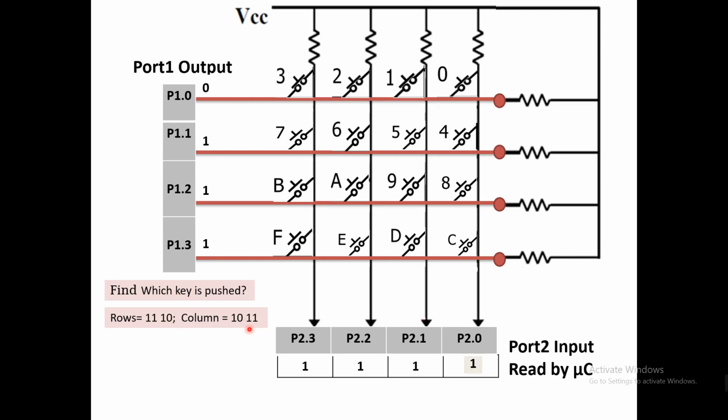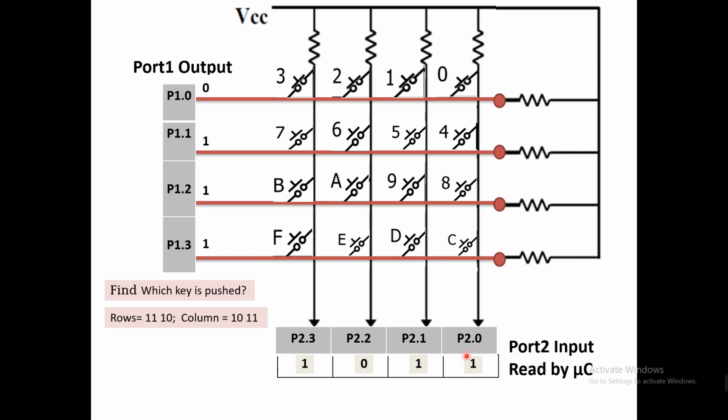So we have this situation where the output port has values 0 1 1 1, right? And the column read by the microcontroller is 1 1 0 1. So the question is which key is pressed.